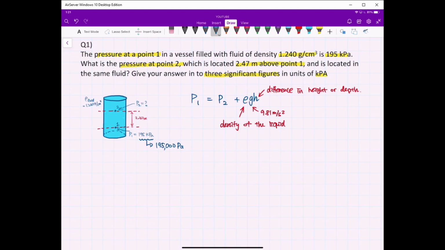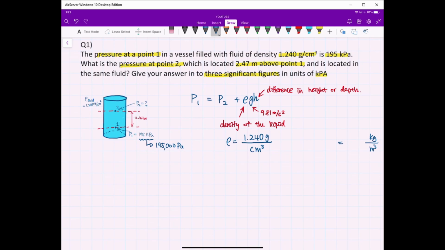And we can convert that density, rho, which equals 1.240 gram per centimeter cube, into the SI unit, which is kilogram per meter cube.